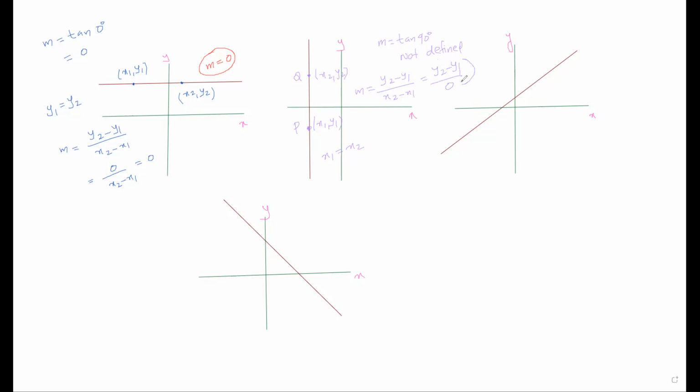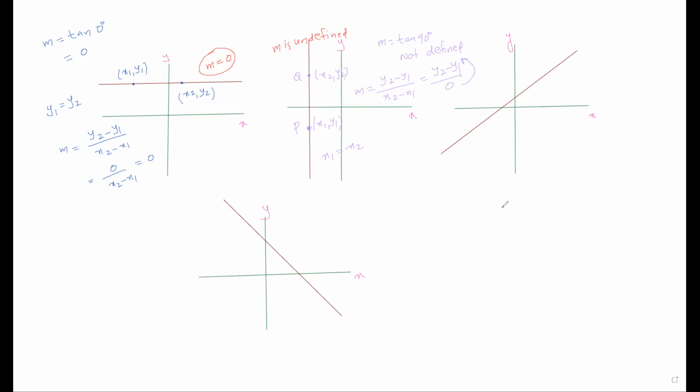That is why it is not defined. That means for a vertical line, slope is undefined. It is not slanted at all, it is just completely vertical.